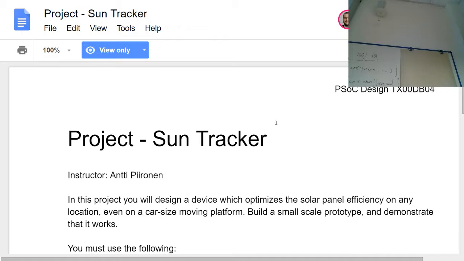All the information available is in this sheet, and on the internet. These sensors are actually designed for the Arduino, so you can find the data sheets of these sensors and actuators from the internet.